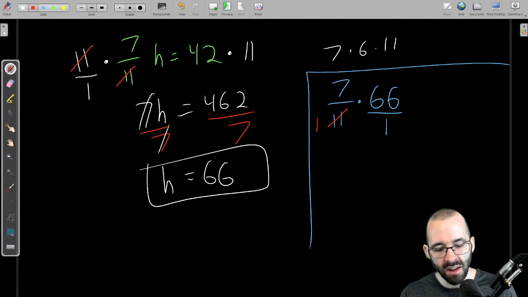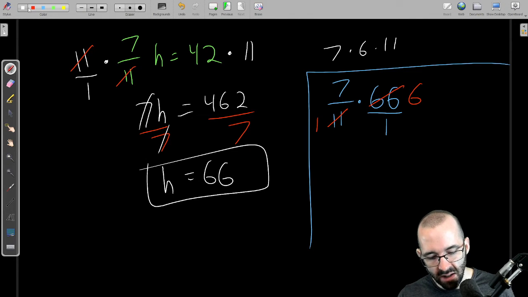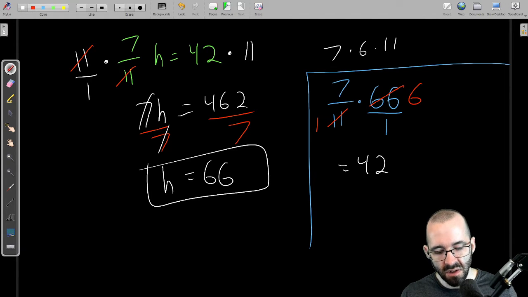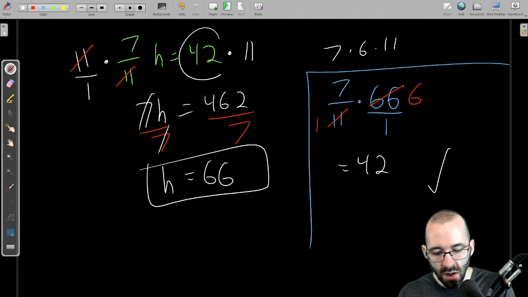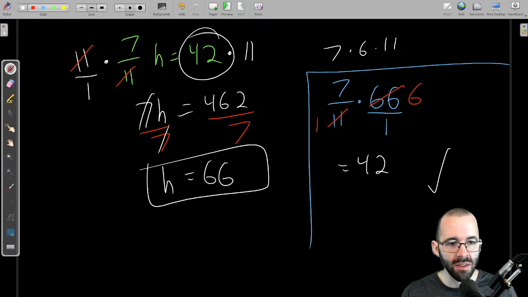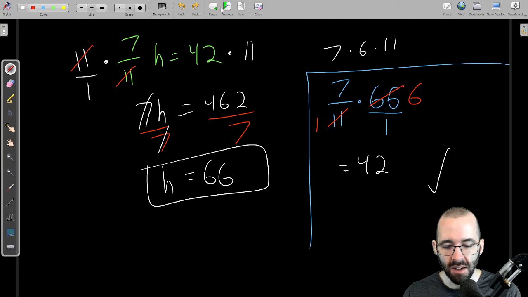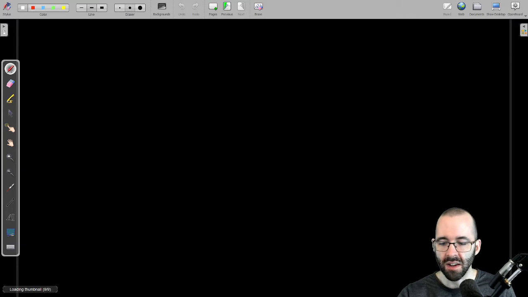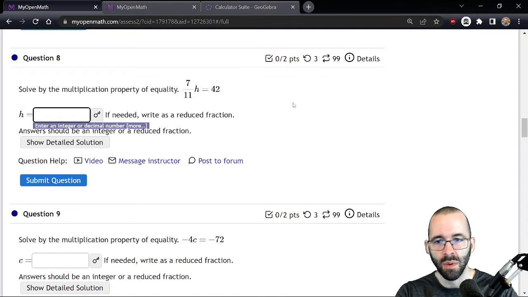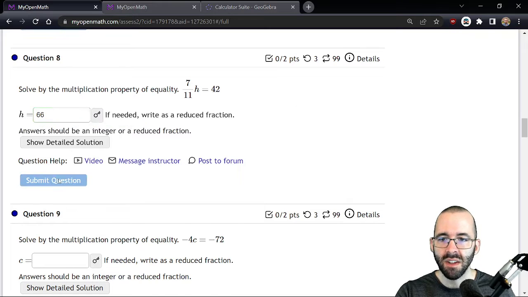There's 1/11th here, and there are 6/11ths here. Now we have 7 times 6 left over, which is 42. Great, we wanted it to be 42. It is a solution. That's what it means for something to be a solution. It's a good way to check your answer.